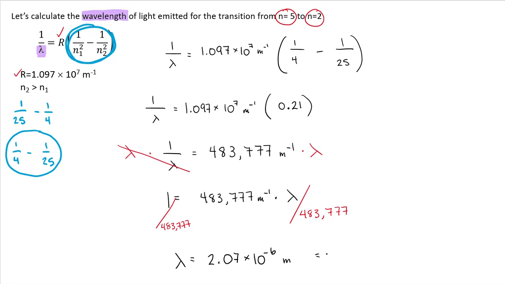I'm going to convert that into nanometers because that's how my brain thinks about these things. 2,067 nanometers. Well, that's well into the infrared, I'm pretty sure. I'm not 100% sure, but that's not in the visible range. And so that's the wavelength of light that is emitted when an electron falls from n equals 5 to n equals 2 in a hydrogen atom.